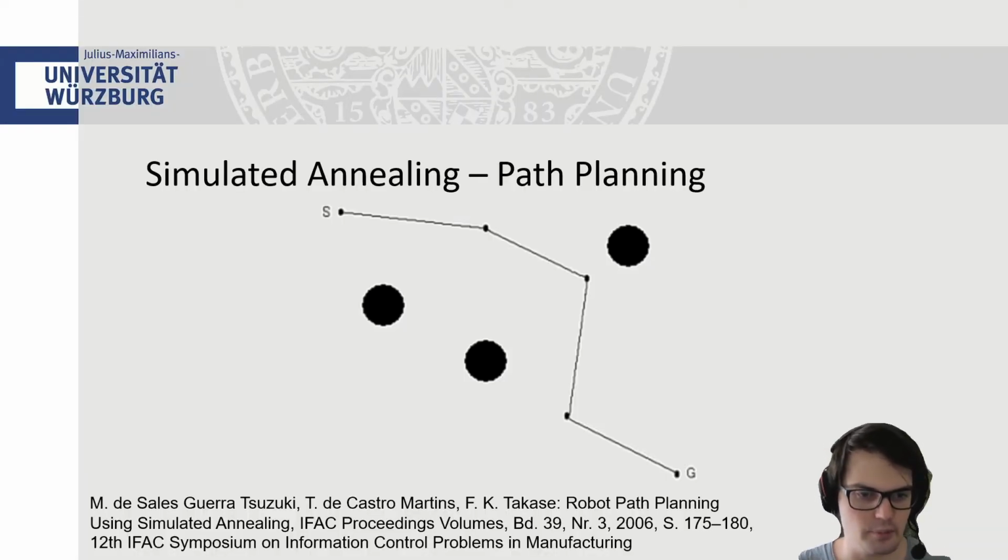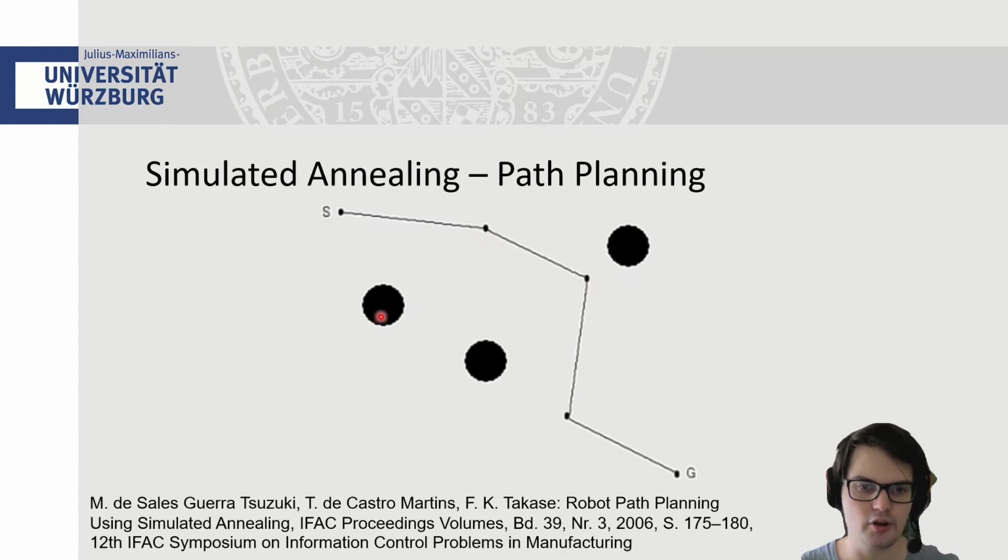The paper I've implemented, you can find it here below. I implemented the most simple version here because it's also the easiest to visualize. A solution consists of a polyline. From start to the goal, we place, in this case, 3 vertices.